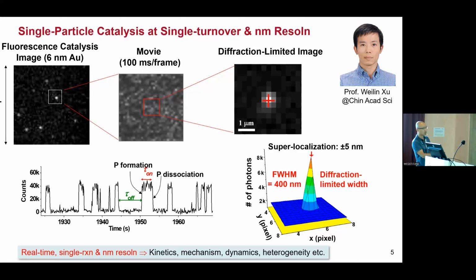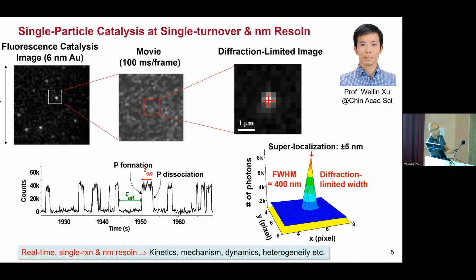However, because of the large number of photons one can detect, one can localize the position of this individual molecule with nanometer precision. Again, this is a well-known single molecule super localization technique. Okay, so with this, one really has real-time, single reaction resolution and also nanometer precision measurements of individual particle catalysts.